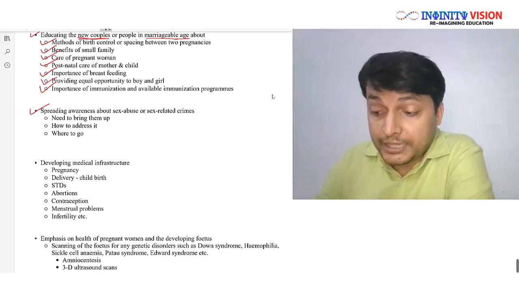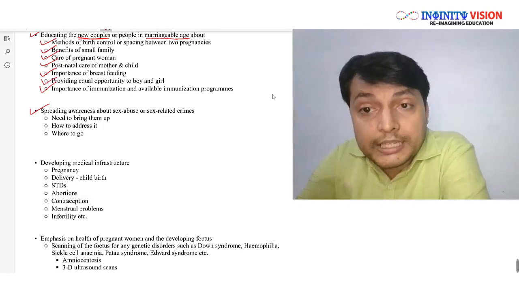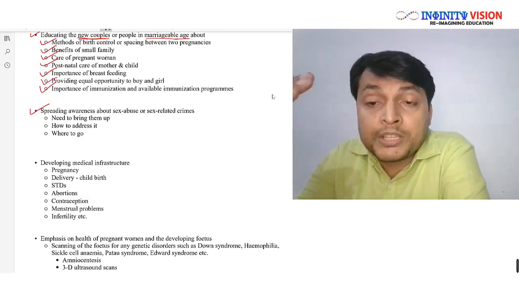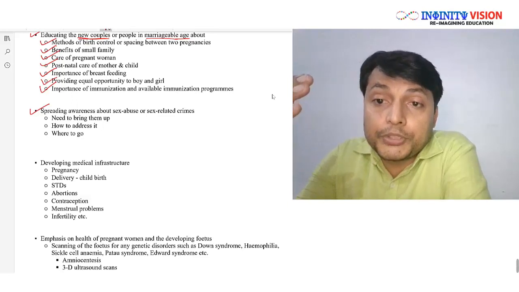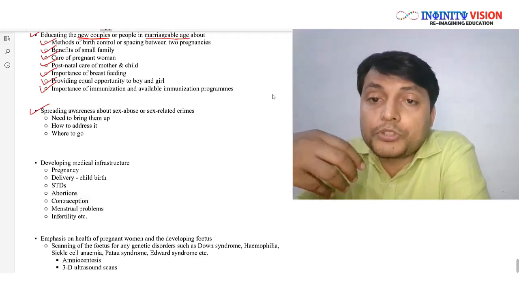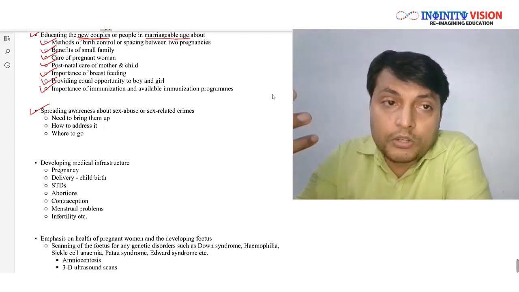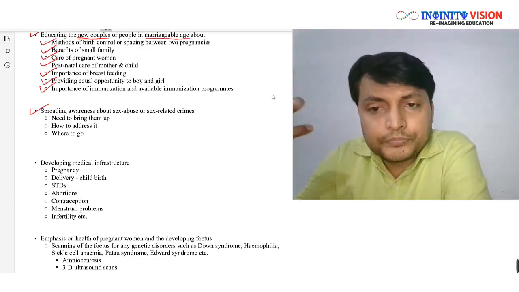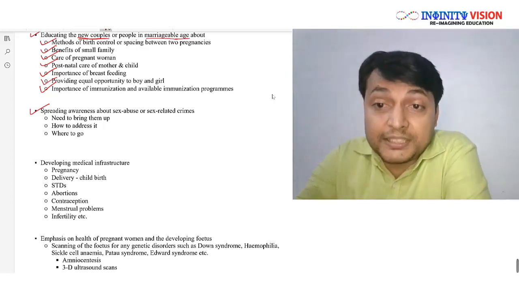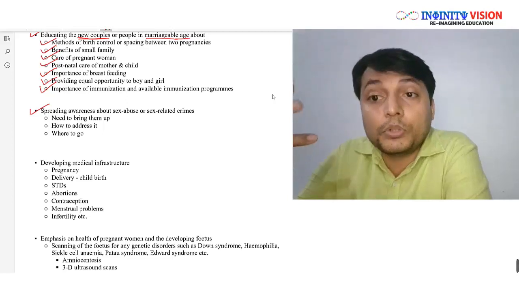ठीक है, याद कीजिए हमने शुरू में ही बोला था कि for a reproductively healthy society, it is important that the people should be able to speak up, should be able to talk about the reproductive organs or about other reproductive practices, ठीक है, और mal practices, इन सब के बारे में वो खुल के बात कर सके.